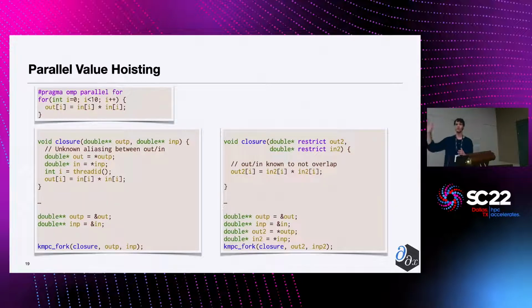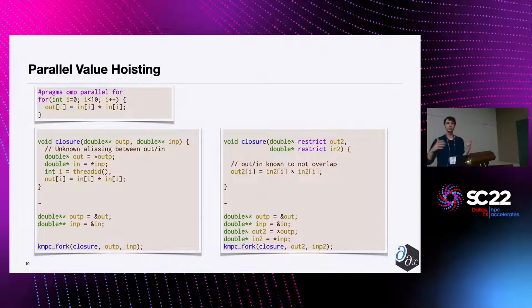As one sort of cute example of this, we have some OpenMP code at the top left. So in particular, we have, again, the output equals the input squared shown at the top left of how you would normally write it within OpenMP. Now, the way the actual runtime and compiler sees this is that the body of that parallel for loop is itself moved into its own separate closure function, now shown at the top left. And in particular, because it has no idea if you might update some of those variables on the inside, it has to pass all of them by reference. So now, inside of that closure, rather than having either out or in directly, I have a pointer to out and in.